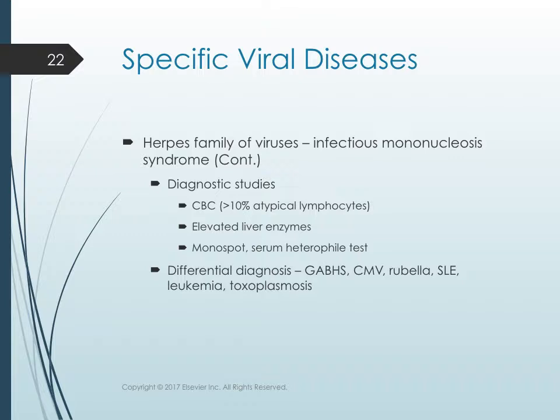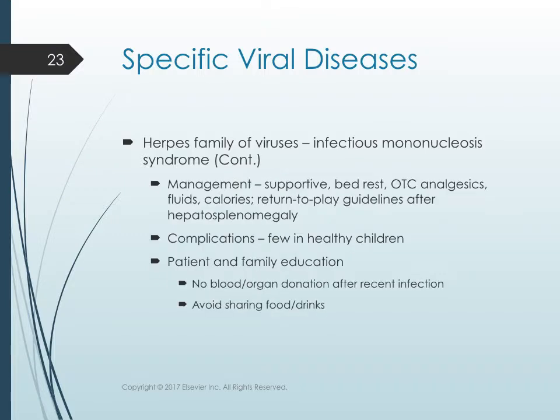You consider other causes of hepatosplenomegaly in your differential, as well as other causes of swollen tonsils, which can include group A beta strep throat, which you can have simultaneously with mononucleosis syndrome. And the management of mono is basically supportive with bed rest, over-the-counter analgesics, although there are rarely cases where the tonsils are so swollen that steroids need to be given.